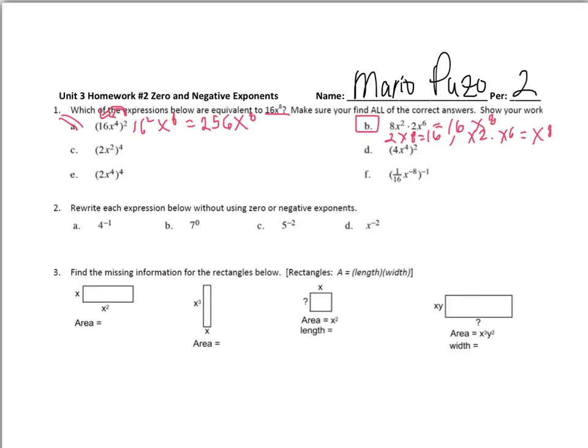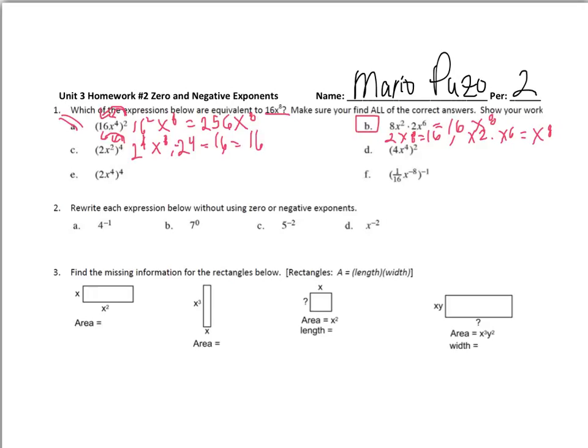C says 2x squared in parentheses to the 4th power, so that means 2 to the 4th, x squared to the 4th power, so that means 2 to the 4th, and x to the 8th. Well, 2 to the 4th equals 16.